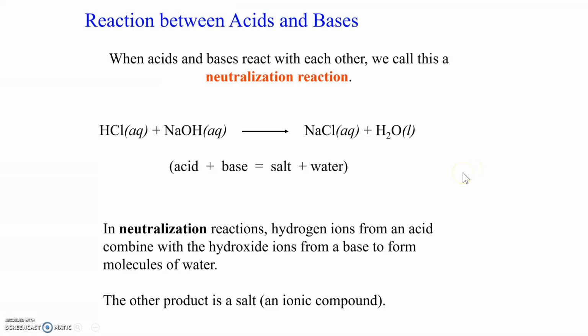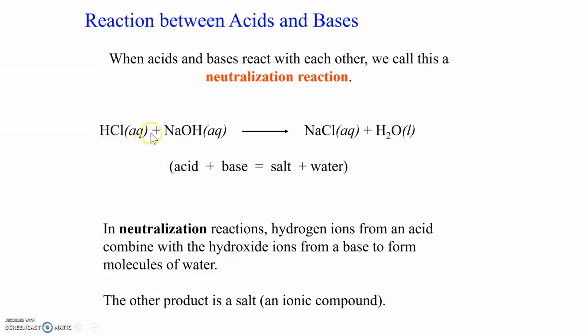The last thing I want to talk about in this lecture is neutralization reactions. A neutralization reaction happens when you add an acid and a base. If you add an acid such as hydrochloric acid to a base such as sodium hydroxide, and you add them in equal amounts, you end up forming sodium chloride and water.